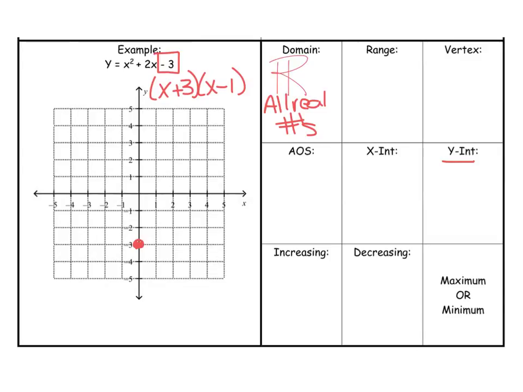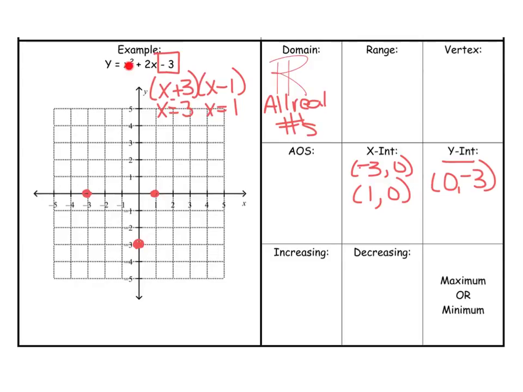If x plus 3 equals 0, then x has to equal -3, and if x minus 1 equals 0, then x has to equal +1. So our x-intercepts are at -3 and at +1. So I'm going to write those right here. We have an x-intercept at -3 and an x-intercept at +1, and our y-intercept, we said, was -3.